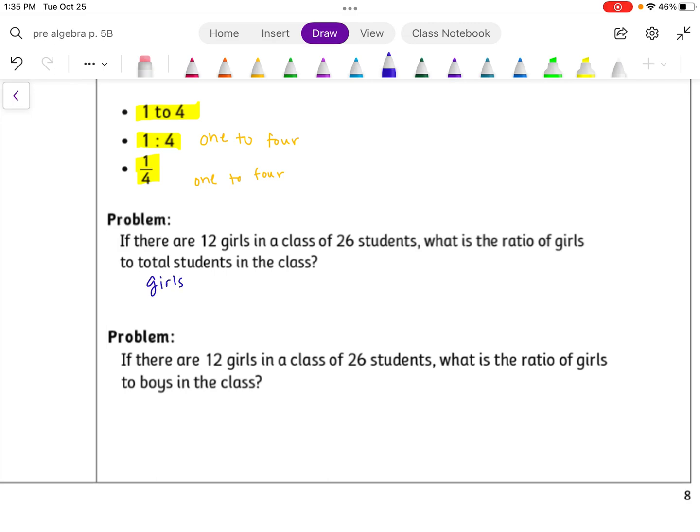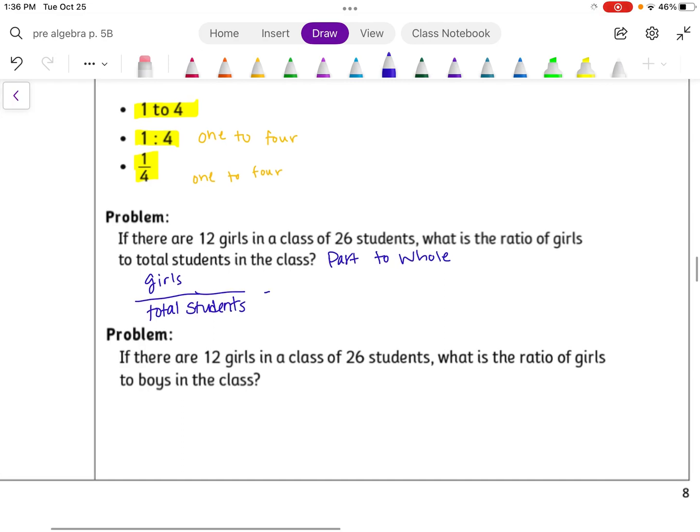So we're talking about the girls to the total students. So this is a part to whole relationship, okay? Because part of the class is girls and the whole class is 26.